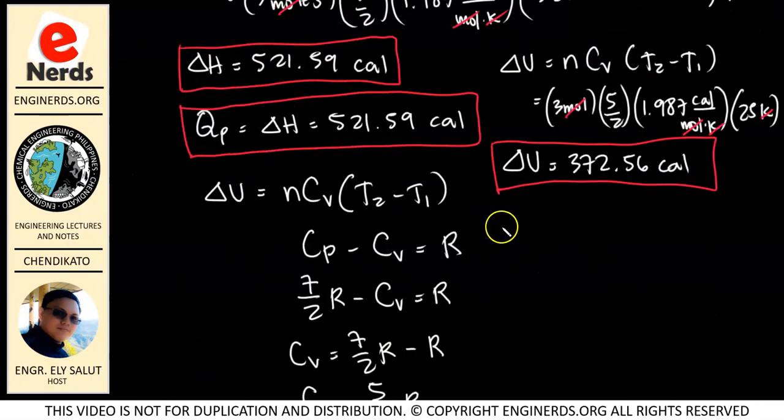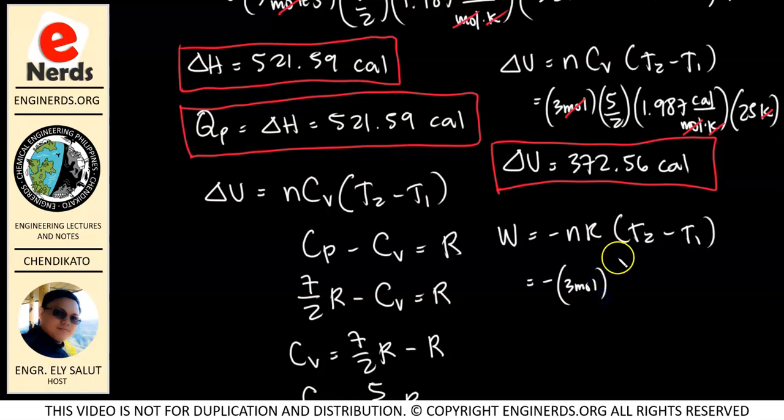So we have our W, which is equal to negative nR(T2 minus T1). So our W is equal to negative 3 moles, times our R. Our R is 1.987 calories per mole Kelvin, times T2 minus T1, our delta T, which is 25 Kelvin.